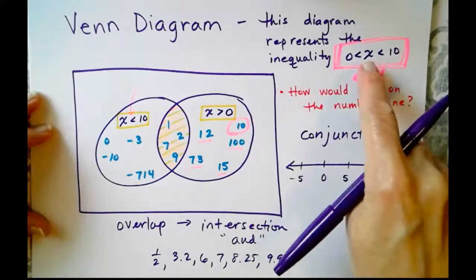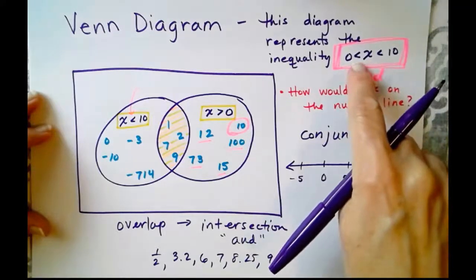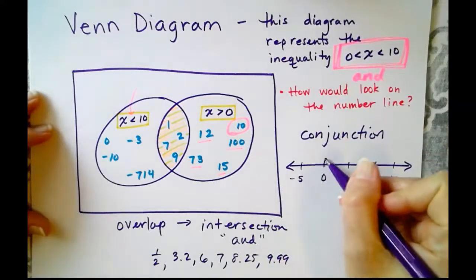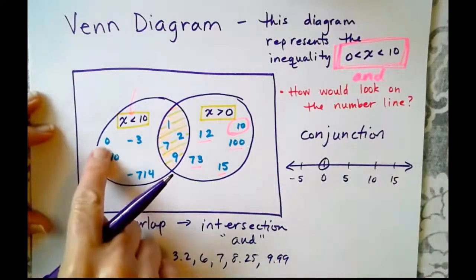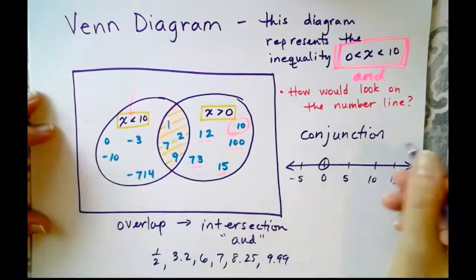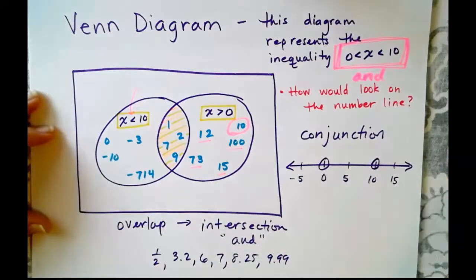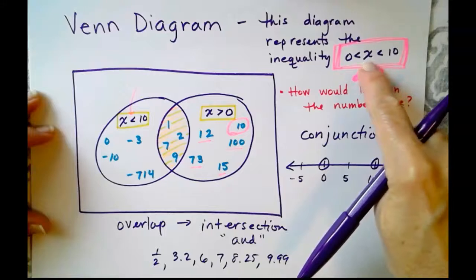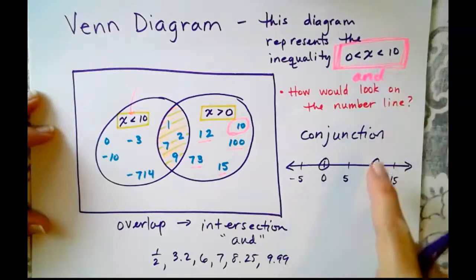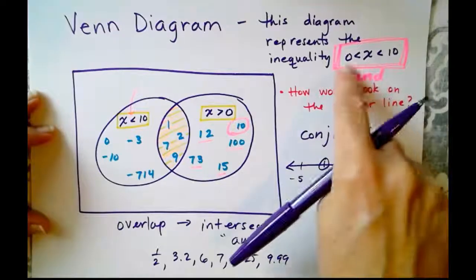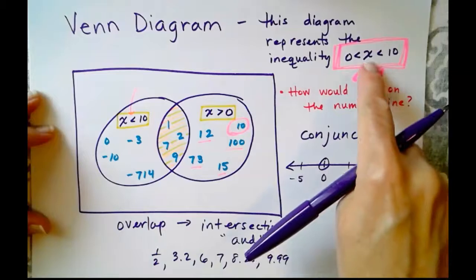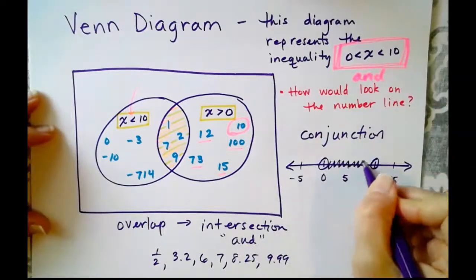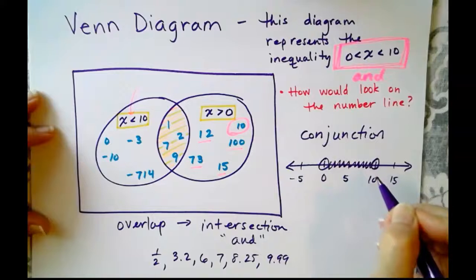This is x is strictly bigger than 0, so I don't include 0. That's why 0 is over here. And I also do not include 10, but my answers live in between 0 and 10. They are bigger than 0, but also less than 10, which is why they are only in the conjunction.